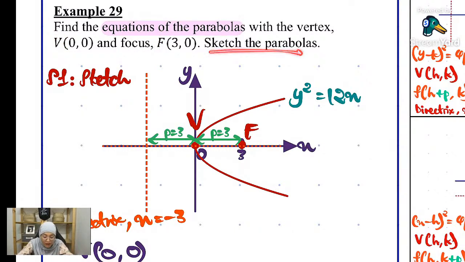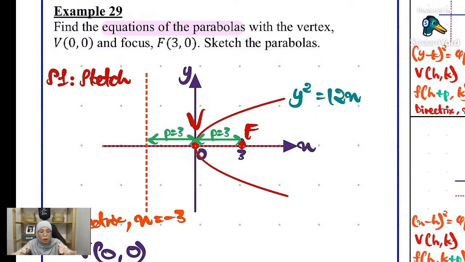And then we sketch the parabolas. Okay, the way of my method, I love to sketch first and then I complete the others. So my step is a bit different than other lecturers lah. Okay, so I always love start with sketching. Sebenarnya buat ellipse pun it's always good to start with sketching, even though it's just a rough sketch.